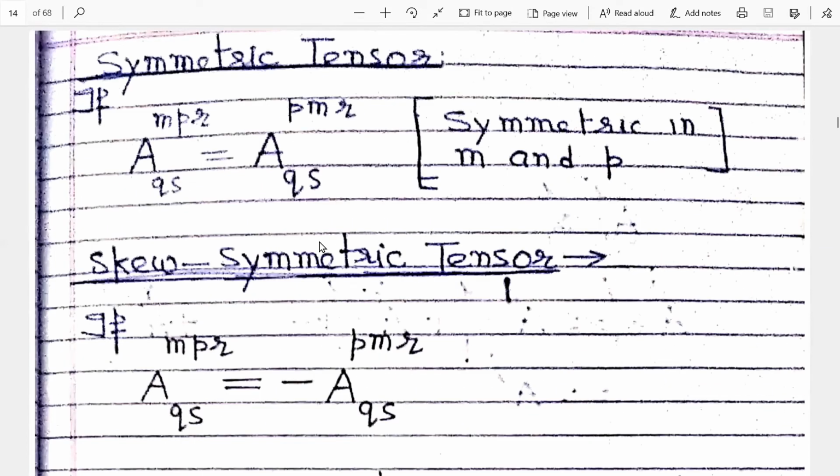As we already read in previous classes, what is a symmetric function, the symmetric tensor. Now this A_{mp} and here A_{pm} are equal. It means it is symmetric in m and p. So when m and p are interchanged, the value is the same. So it means symmetric in terms of p and m.